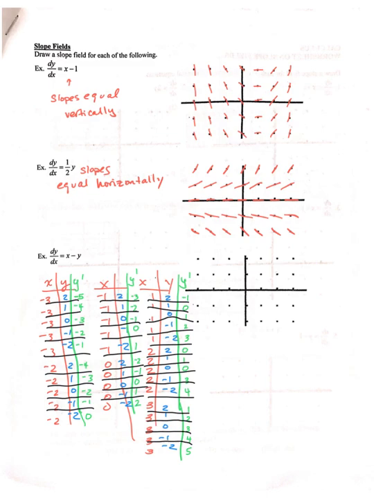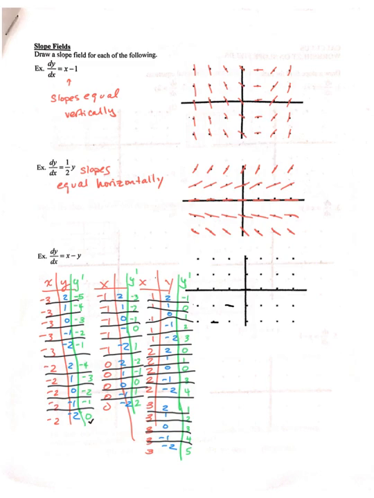So if you look at the slopes that are 0, right, I have -2, -2. Okay, then I have -1, -1. I have 0, 0.